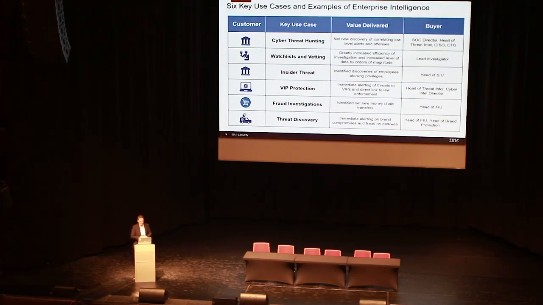Then the watch list and vetting, insider threat issues. This is the use case I'm going to show you, a real example. VIP protection, alerting threats to VIPs, and a direct link to law enforcement. Fraud investigations, which is also a very usual use case. And threat discovery.